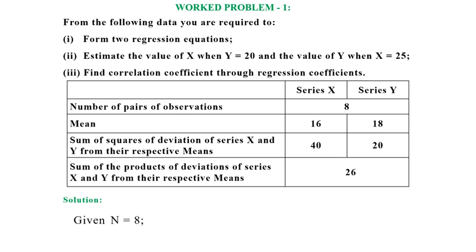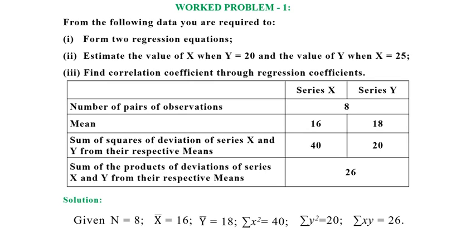So given n equals 8, x bar, mean of x series, 16, mean of y series, y bar, 18, summation of small x square 40, summation of small y square equals 20, and summation of small x into small y equals 26.